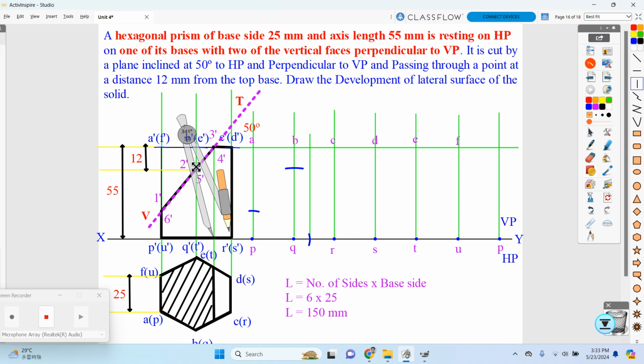Okay, so now keep it over here, then move your compass and measure the top side. Where you can find it cuts on the same axis, that is, it cuts on the top position.